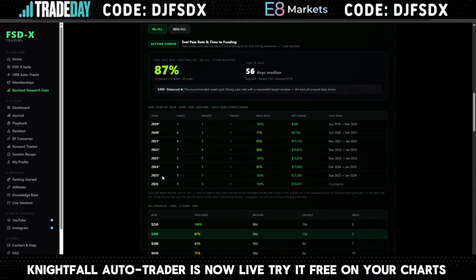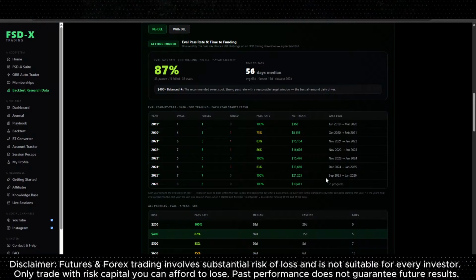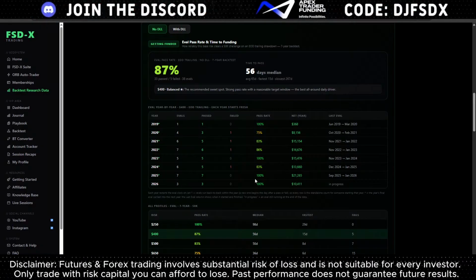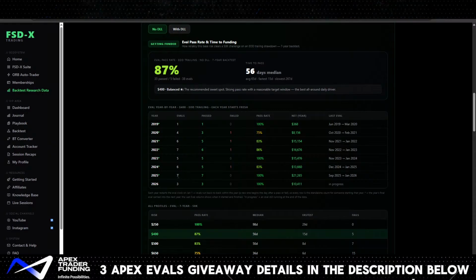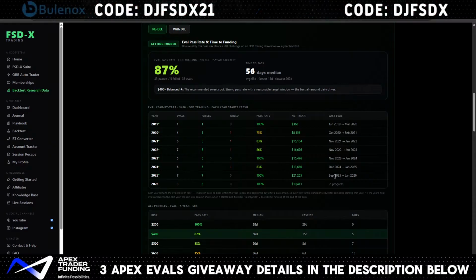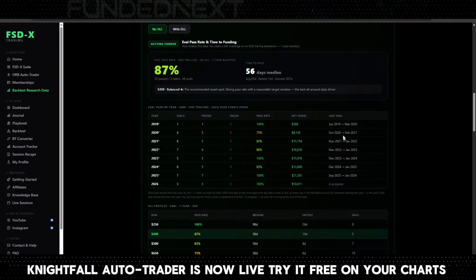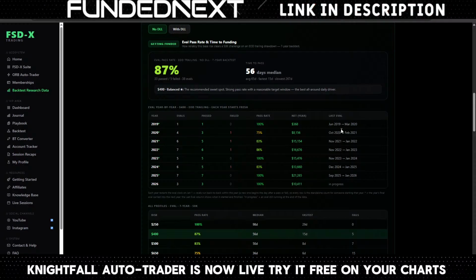Once one passes or fails, it starts a new one on the next day. If your last eval started in like November or December, say the last eval ran from September to January 2026, it ran through to next year. So I figured with this, you can get a more accurate look at it.